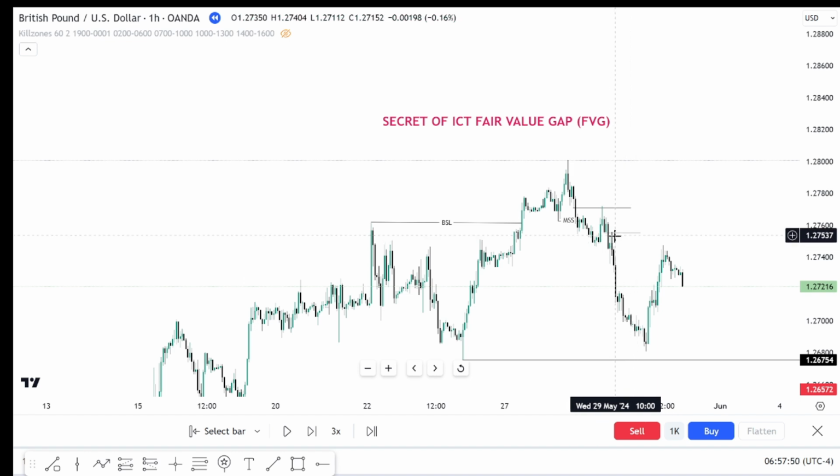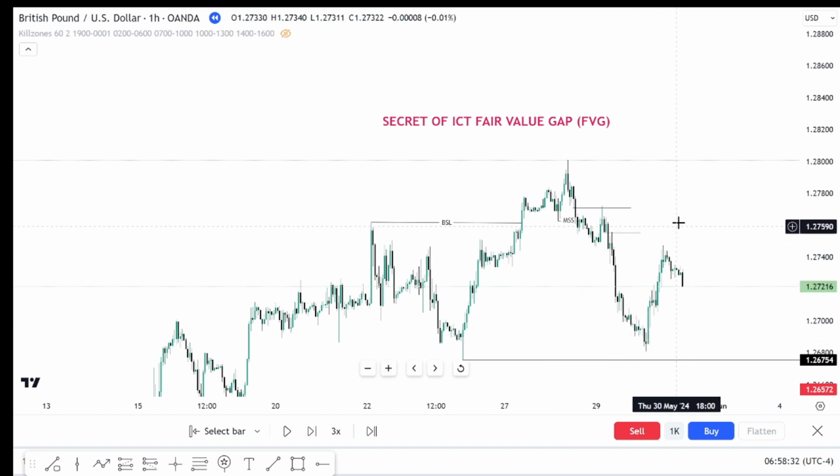And what I said earlier is that in most cases, a high probability fair value gap will resist price in this kind of condition, which means only the wick will retest the fair value gap, but the candle body will close below it. And that is the same thing that happened here, repeated itself. The fair value gap was retested by the wick only, and the body closed below the fair value gap. This is our second entry on this trade, and you can see a beautiful trading session, right?